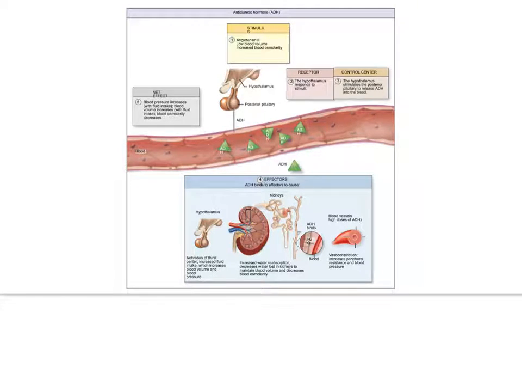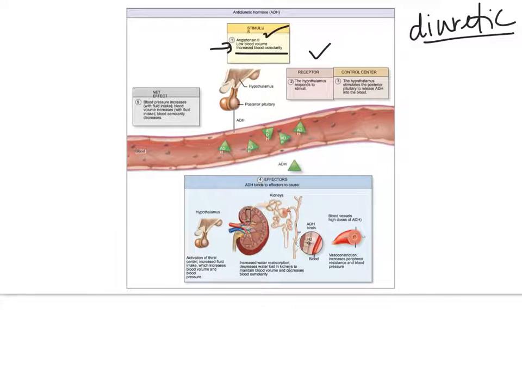Now, antidiuretic hormone. I want you to think, diuretic. What's a diuretic do? Makes you pee. Caffeine's a diuretic, it makes you have to go to the bathroom. So antidiuretic hormone is going to do the opposite of that. The stimulus is either angiotensin 2, low blood volume, or increased blood osmolarity, so the concentration of the blood is too high.